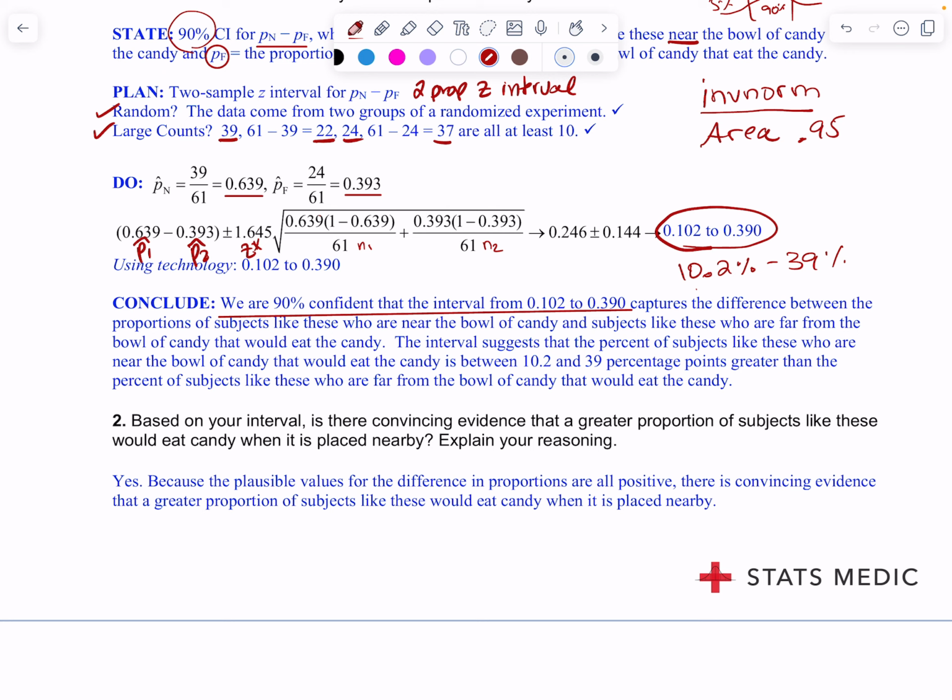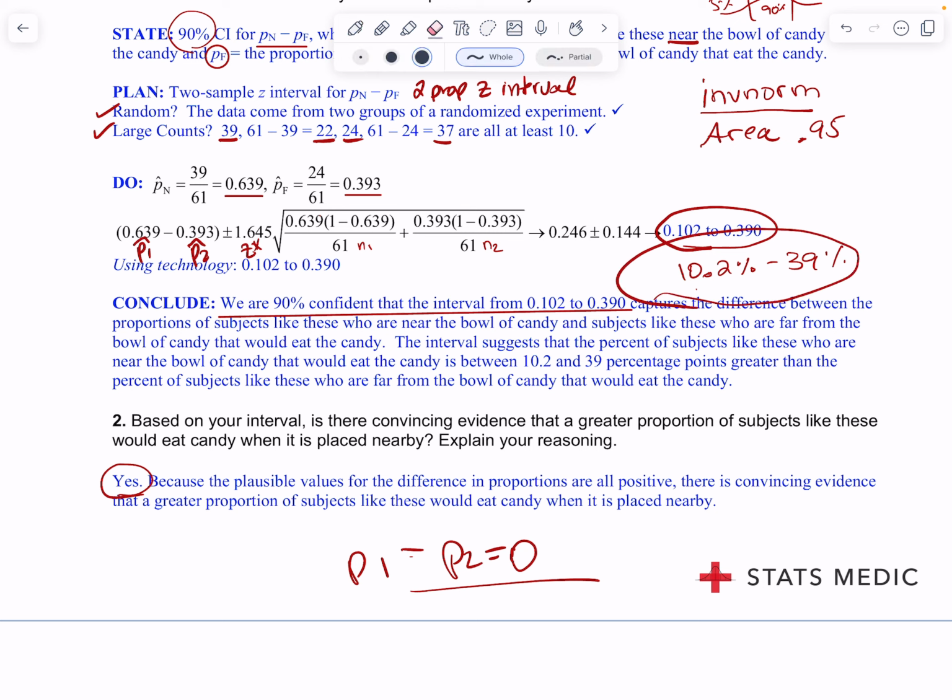And do we have convincing evidence that they would like to eat it when nearby? And yes, because if it didn't have a difference, then I would have 0, because if there was no difference, then p1 minus p2 would equal 0. That would be no difference. And you can see that the difference of 0 is not contained in the interval. So we say there is a difference, and it's between 10 and 39% higher.